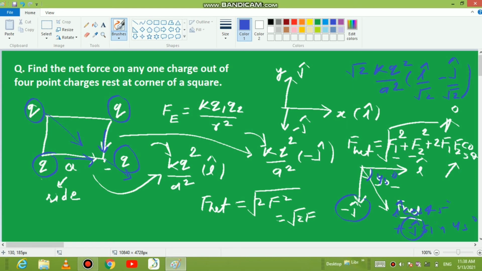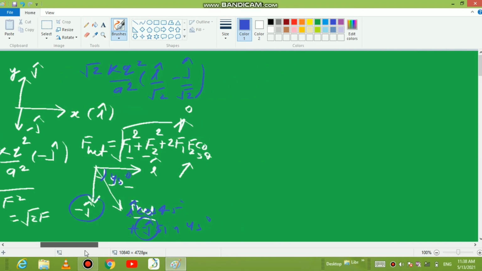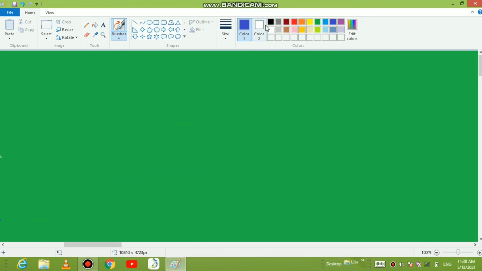The distance between these 2 point charges is root 2 a, which is the diagonal of the square. This is our third point charge and this is our first point charge. The distance between them is root 2 a.